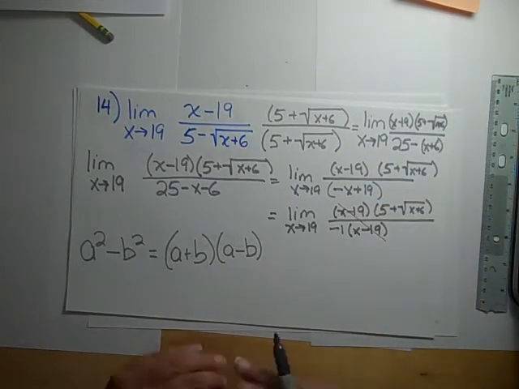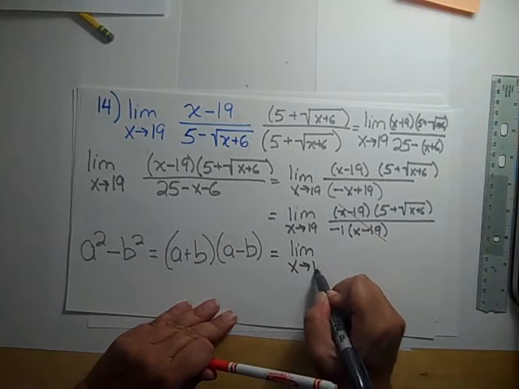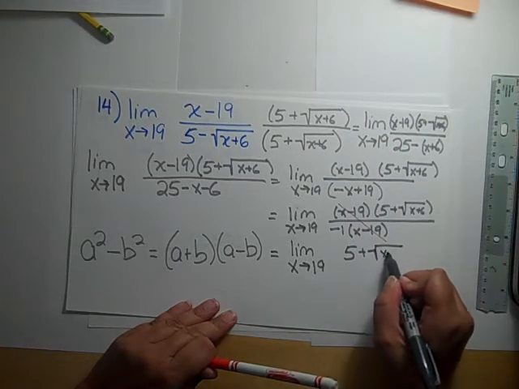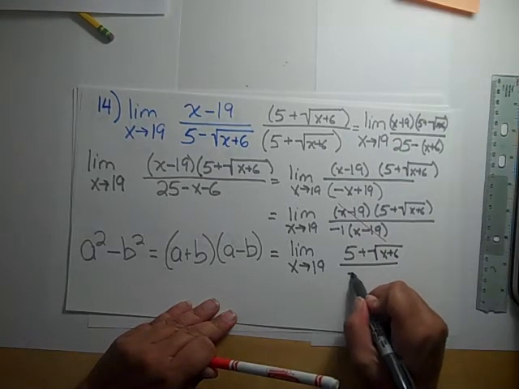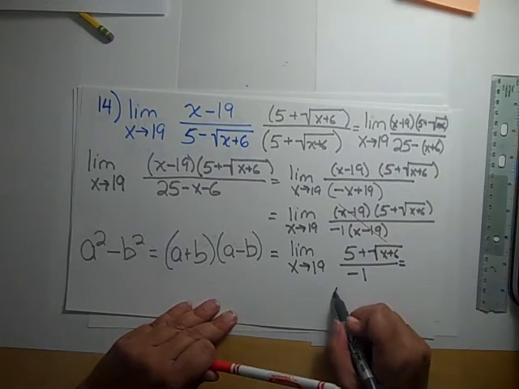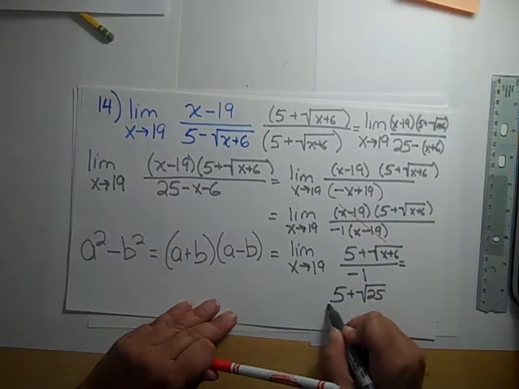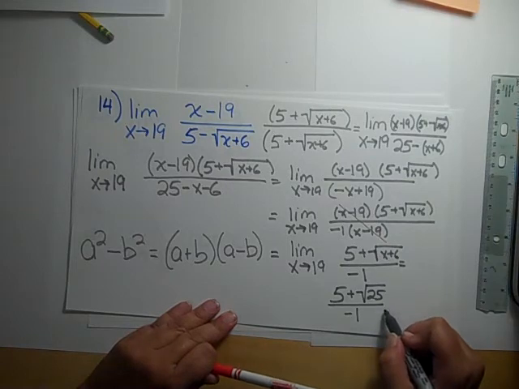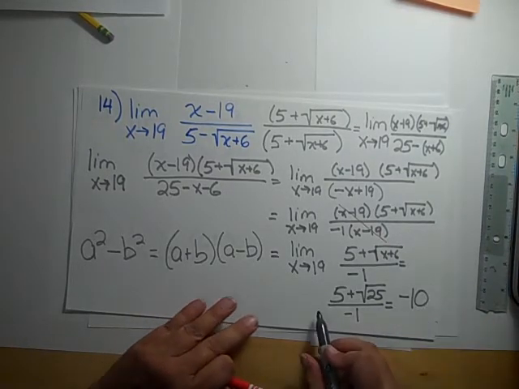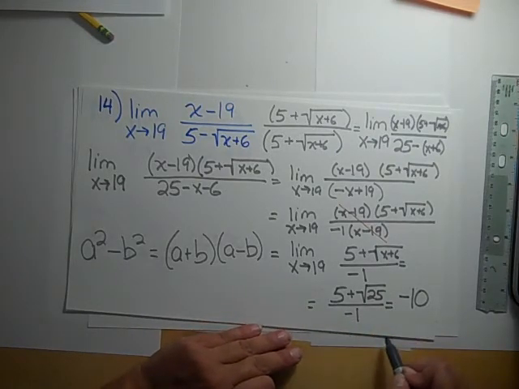These cancel, and we're left with, again carrying my limit notation, 5 plus the square root of x plus 6 over negative 1. So what is this? If I fill in the 19, I get 5 plus the square root of 25 over negative 1. That's 5 plus 5 over negative 1, so that's negative 10. And notice here, I didn't need my limit notation because I was done with my x's.